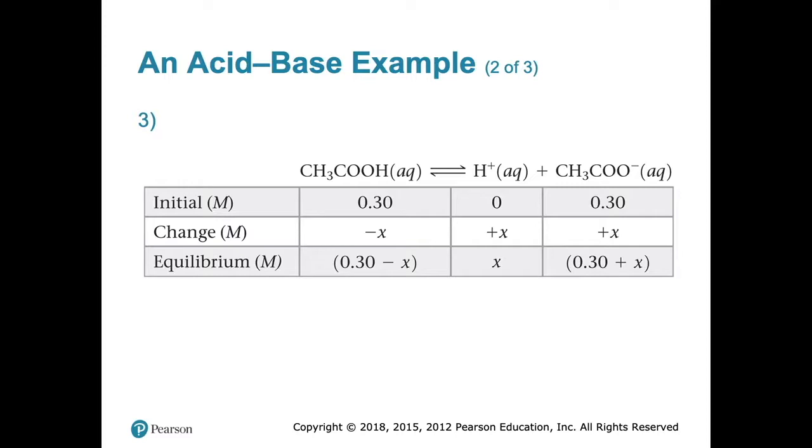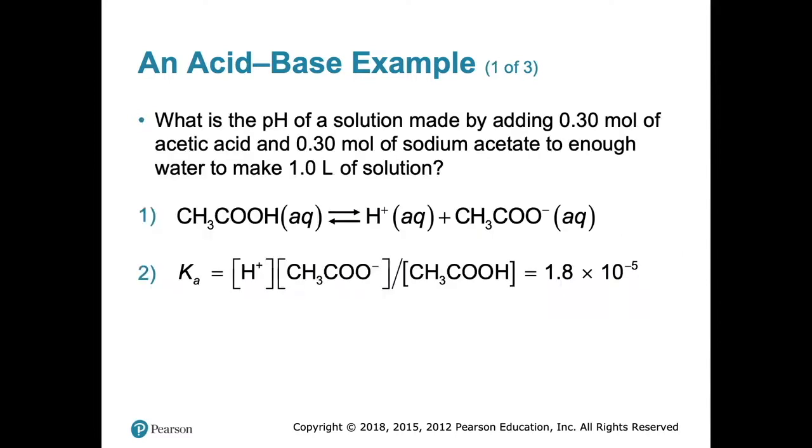The reason is that the problem says that not only do you have a solution of 0.3 moles of sodium acetate, you also have 0.3 moles of acetic acid. So you have to take into account the 0.3 moles of the acetic acid as the initial, and the 0.3 moles of sodium acetate in the initial.